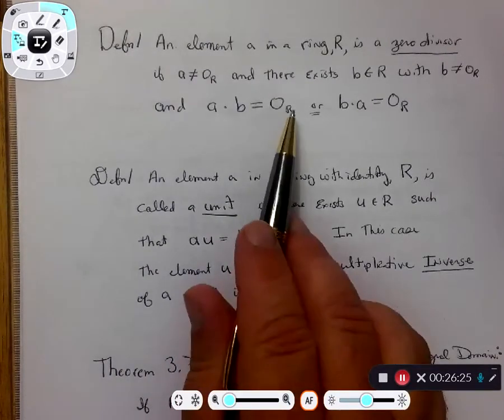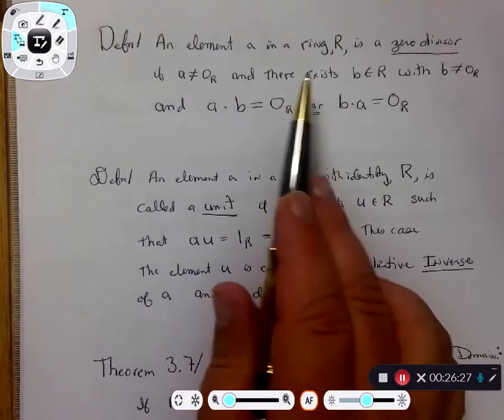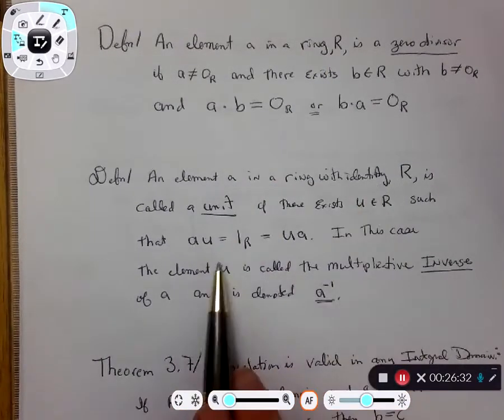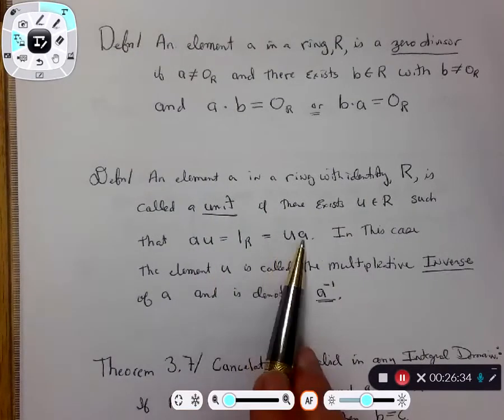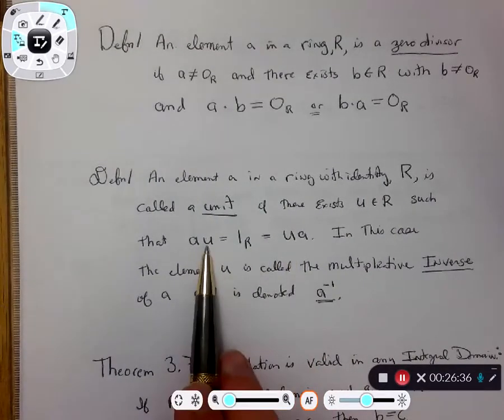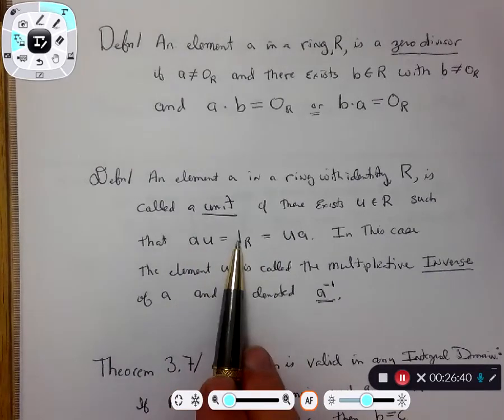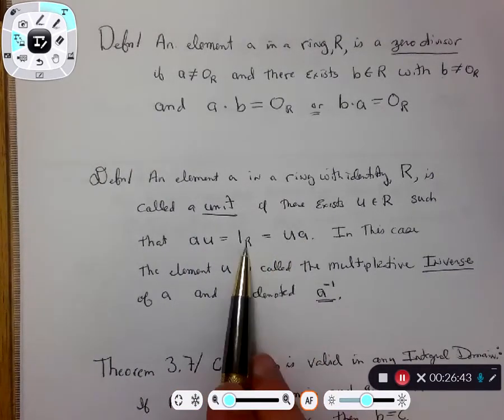Up here, when I was talking about just general rings, I never said anything about it having to be commutative. I'm not talking about the entire ring being commutative, just the invertible elements are going to be commutative. If U is the multiplicative inverse of A, A times U is going to be 1, and it doesn't matter what side you put it on, U times A will also be equal to 1.